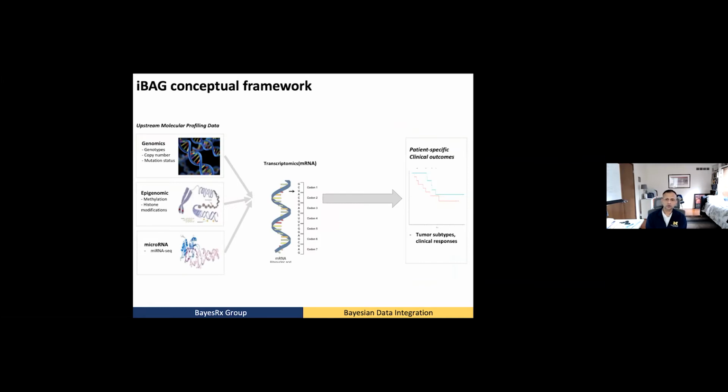Right. So, I'll briefly hit upon the iBAG formulation to set the context of the methods that now we'll be showing some demos for. So the iBAG conceptual framework, the basic setting is that we have this multi-omic data at different levels that includes genomics, epigenomic, microRNA, transcriptomic, and then we have the outcomes.